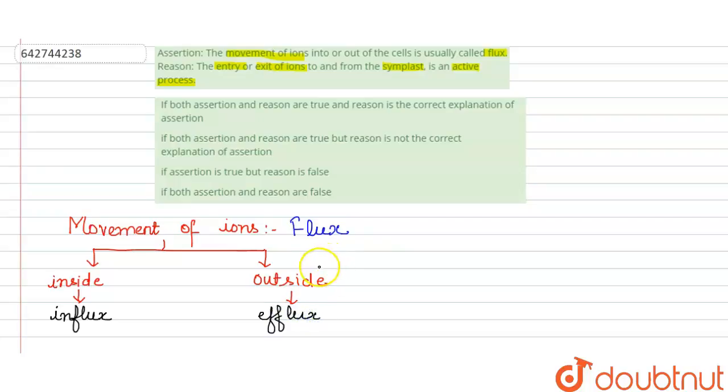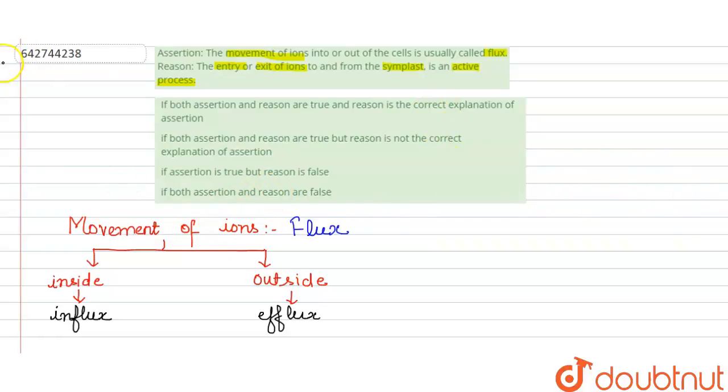Influx and efflux, right? Now the entry or exit of the ions to and from the symplast requires the expenditure of energy, right?